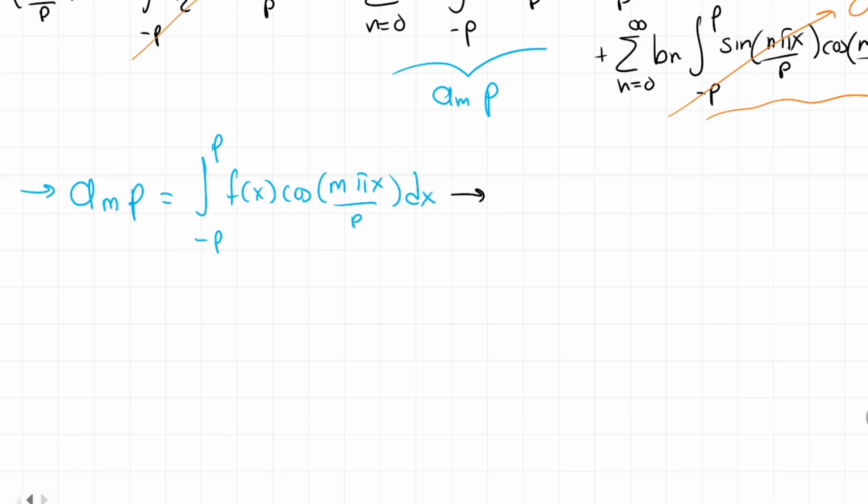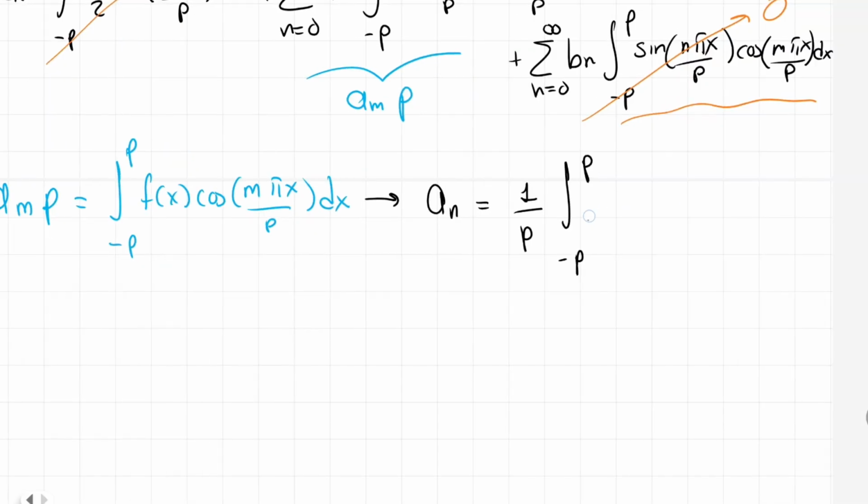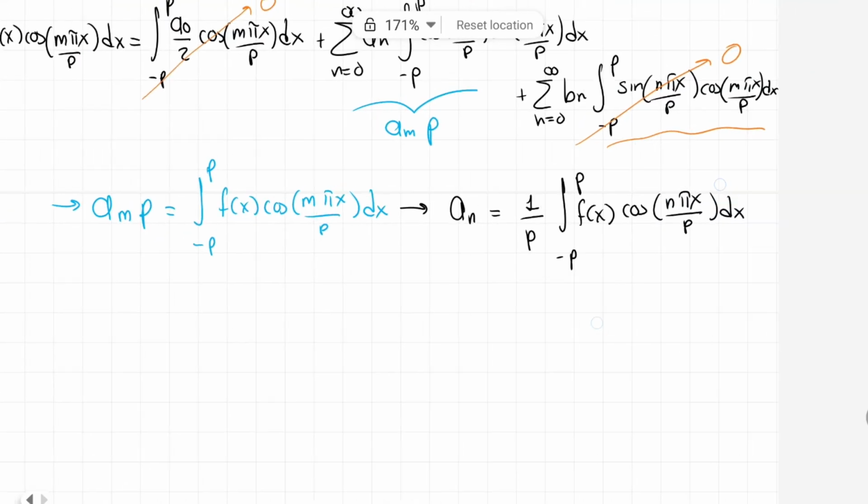We can just switch the m by the n to get that a sub n is equal to 1 over p times the integral from negative p to p of f of x cosine of n pi x over p dx. Perfect. So this is the second important result, the way to find a sub n in the Fourier series.